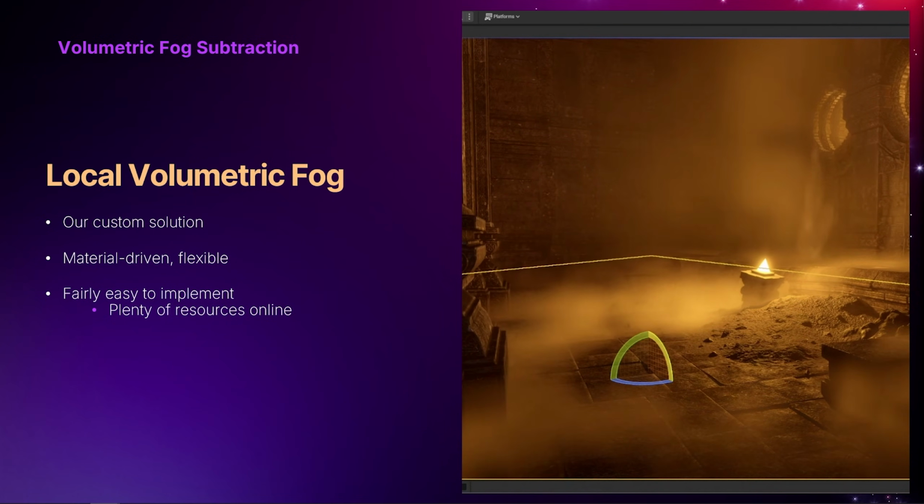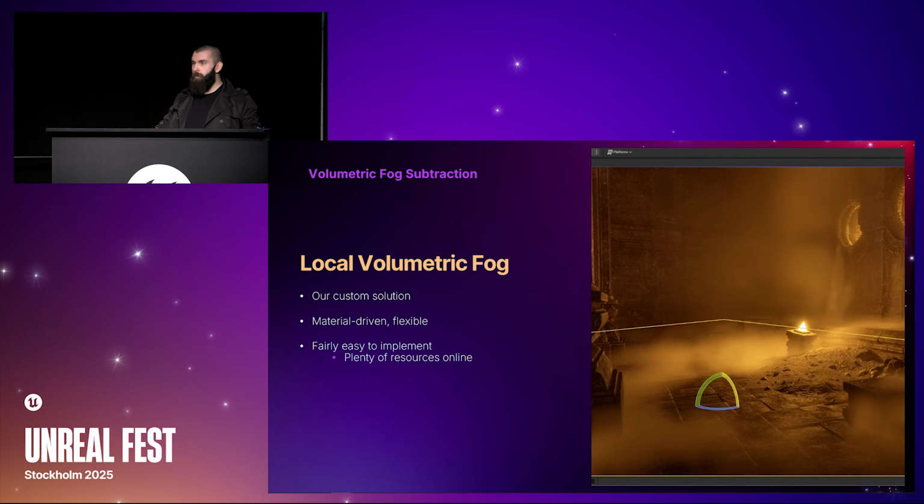I recommend Shor de Jong's talk, the video that he made, that you can find on Epic's website. Just look for local fog volumes that are material-driven or even volume materials. But there's one problem with them, which is that initially they are only additive. You cannot take away from the original fog itself.